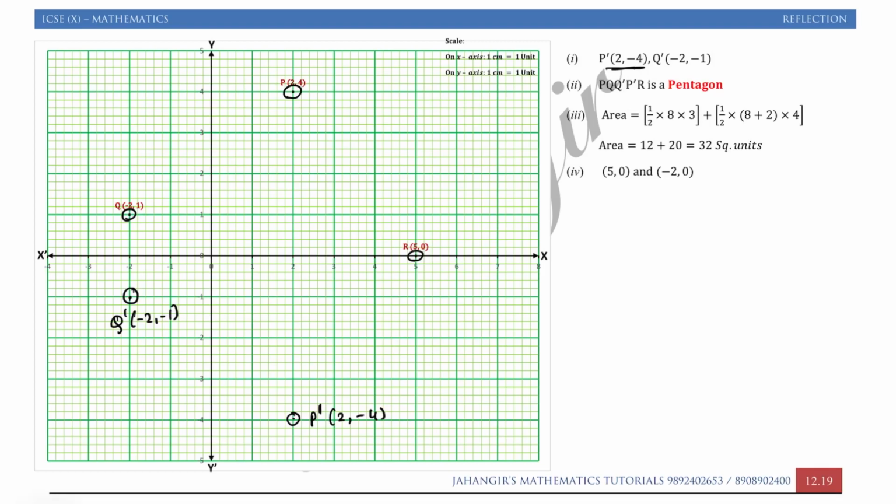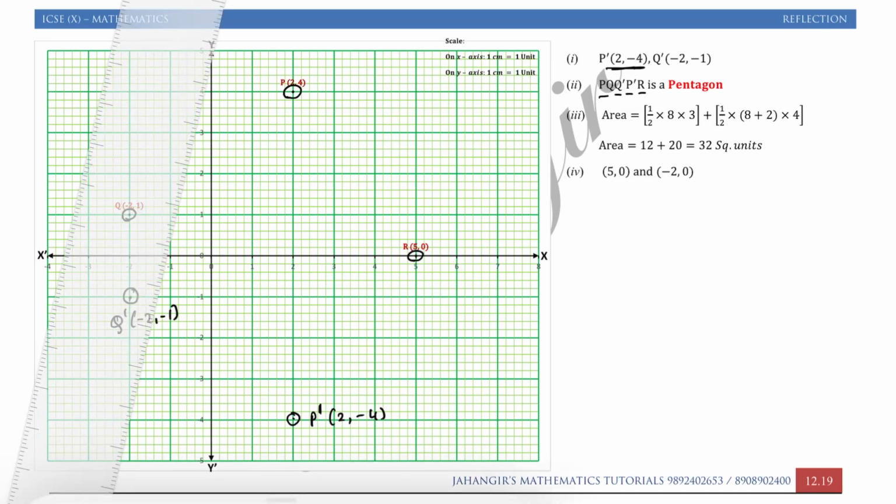Okay. Now give the geometrical name of the diagram P, Q, Q', P', R. We are just joining all points in sequence.